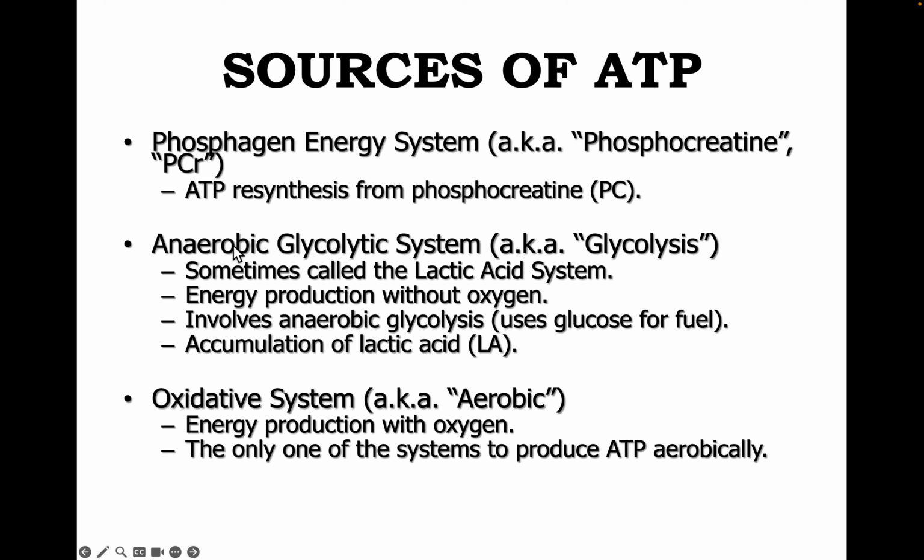Now, what this term anaerobic means is that energy is created without oxygen. So anaerobic, without oxygen. And technically, the phosphocreatine energy system is also anaerobic because no oxygen is used there as well.